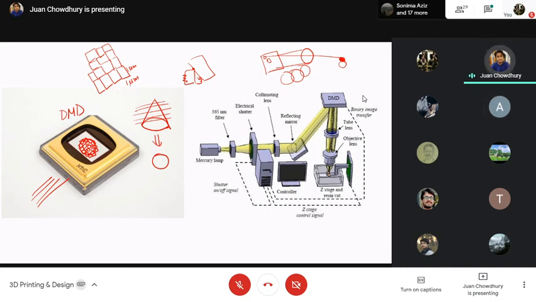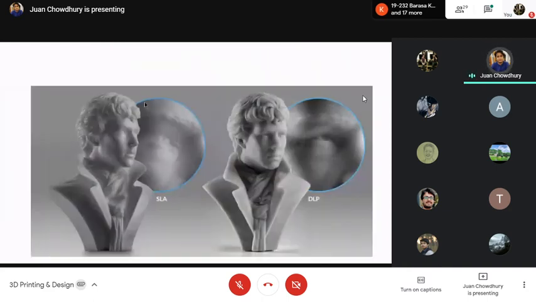So one drawback leading to another piece of information. I believe if I finish up with DLP, there will be laminated object manufacturing left. Let's see this example. This is from SLA, and this is from DLP.